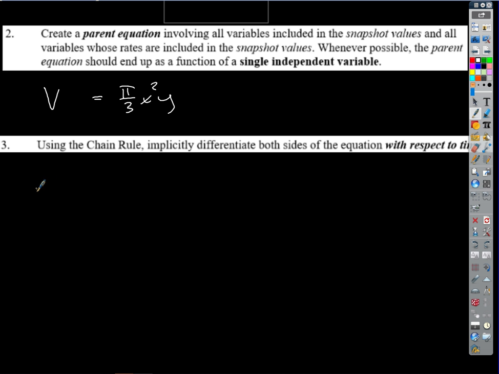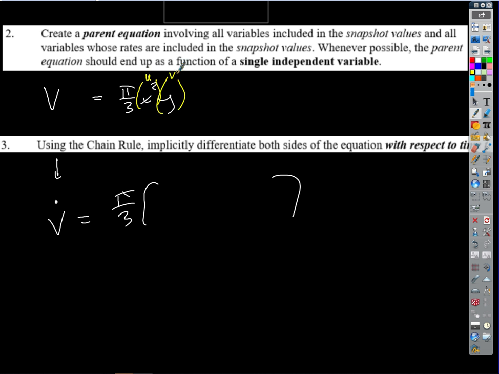So if I implicitly differentiate with respect to t, what do I get from the first term? V dot. And then what about over here? Let's just leave the pi thirds out front. And then this is a product, right? So what am I going to get? When we use our product rule, we could just group, there's our u, and there's our v.